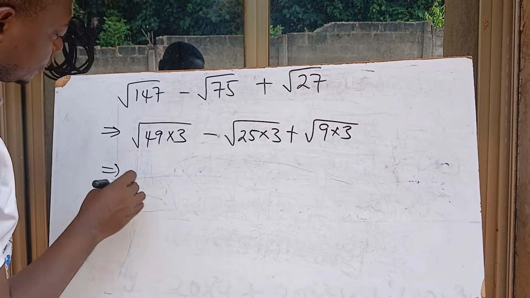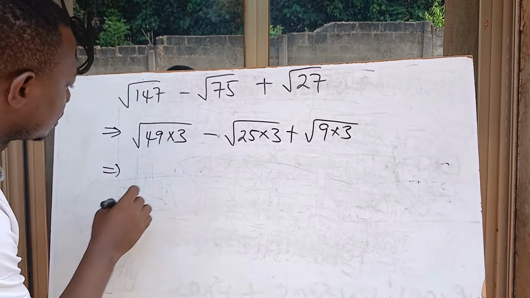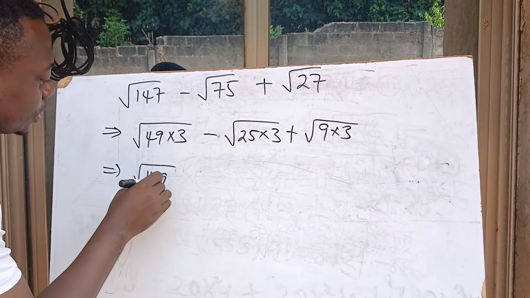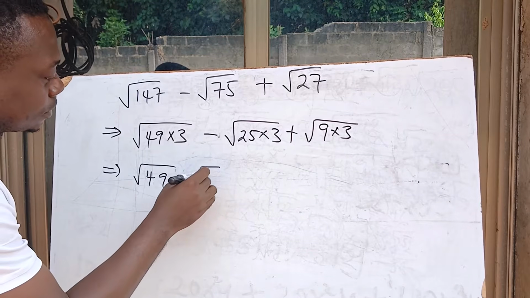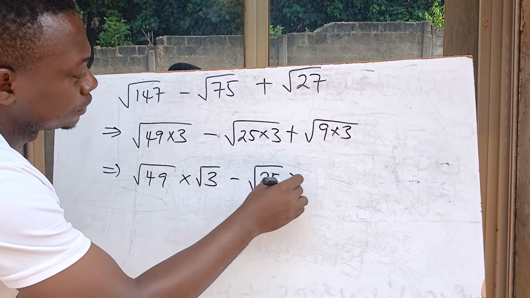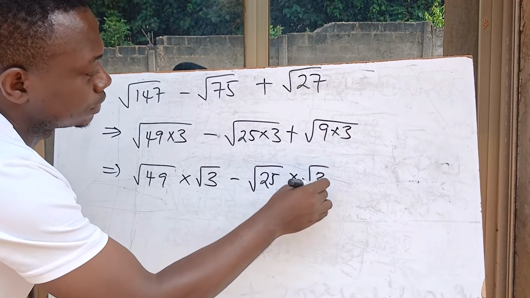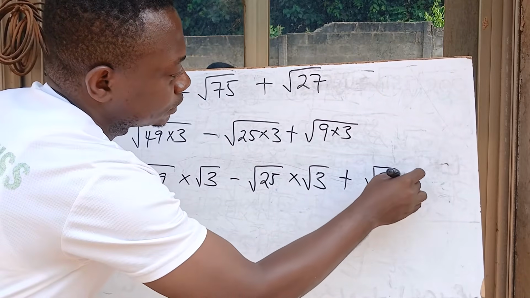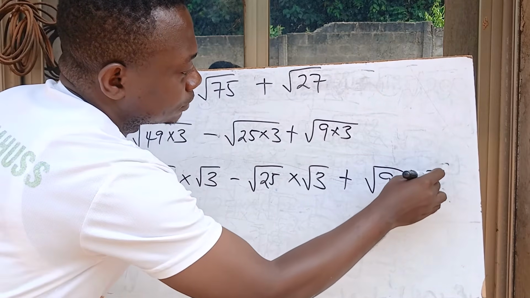So from here, we can write this one as square root of 49 times square root of 3 minus square root of 25 times square root of 3 plus square root of 9 times square root of 3.